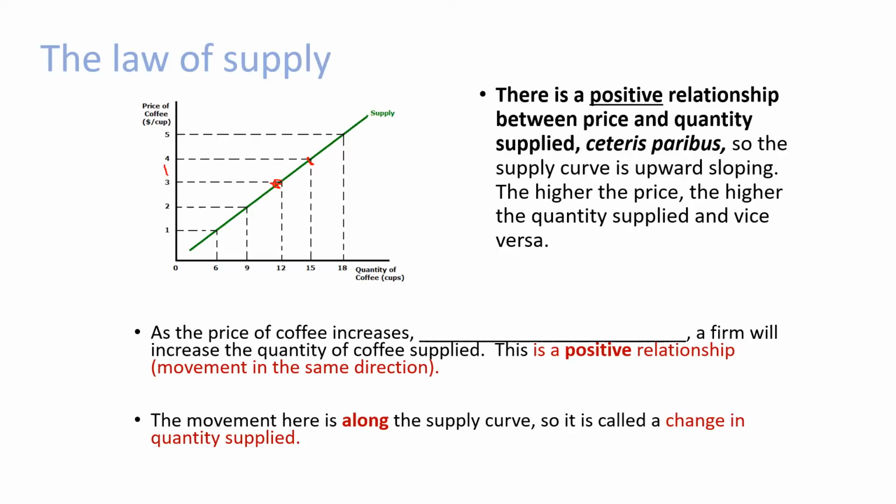The price goes up, and the quantity supplied also increases from 12 to 15 units. Now when there is a change in the price, it causes what? A movement along the supply curve. So when we have a movement along the supply curve, we call it change in the quantity supplied.